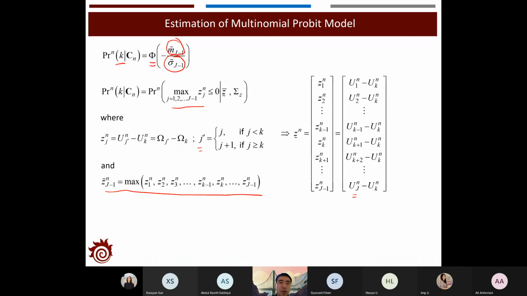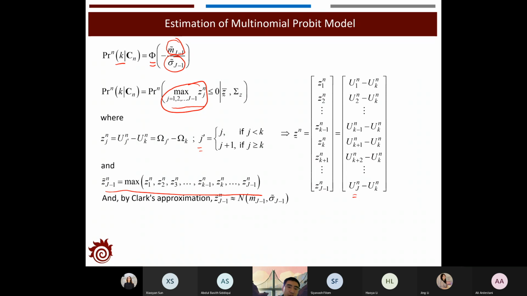For this probability, we want to find the maximum value of this difference zj, and we have to make sure that the maximum is smaller than 0, which would be zj minus 1 tilde is smaller than 0.